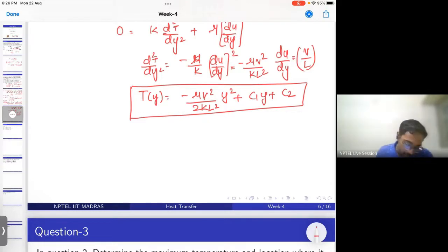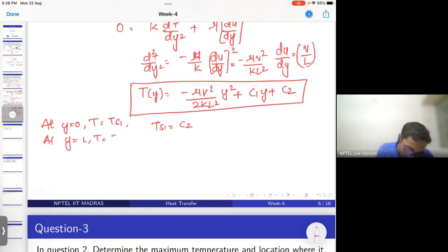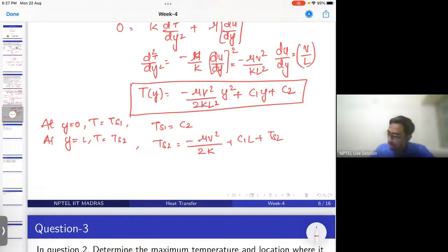Next, we need to give the temperature boundary conditions. At y is equal to 0, T is equal to Ts1. So Ts1 is equal to c2. And at y is equal to L, T is equal to Ts2. That is Ts2 is equal to minus mu V square divided by 2k, this y square and L square will get cancelled, plus c1 L plus Ts1.